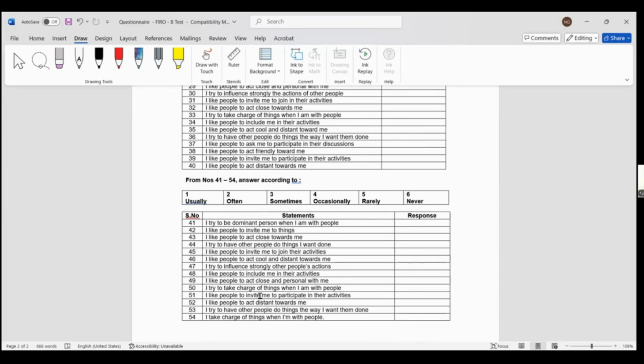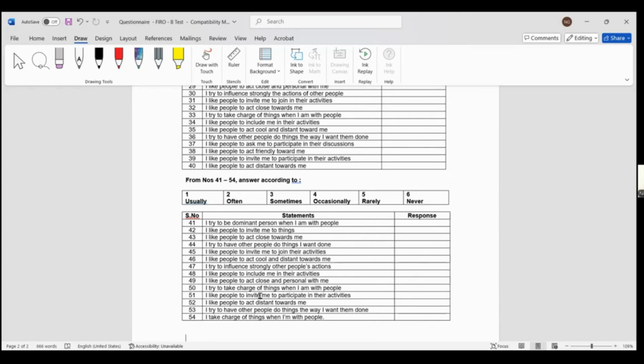Now, question 54: "I take charge of things when I am with people." If you ask me, I might give you a funny example. You are the HR head, say, okay. But when you start thinking generally, what do I do?